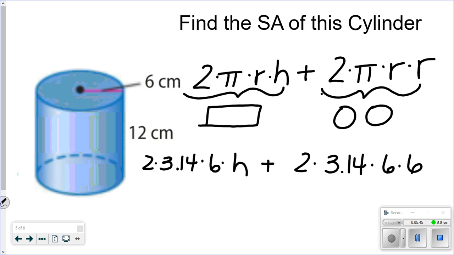You're not multiplying with a plus sign. I'll have somebody that forgets that. That should be 12 too. Put in everything you know. Let's solve.